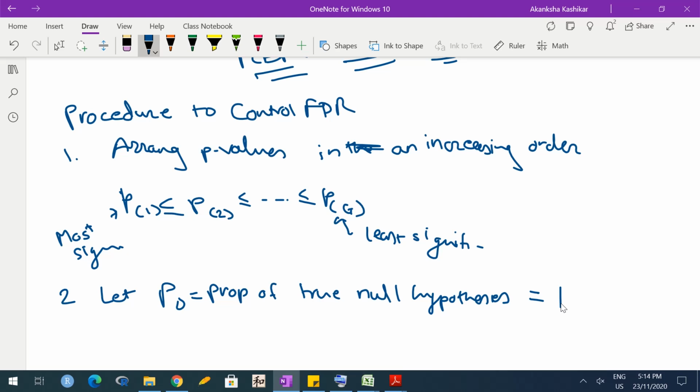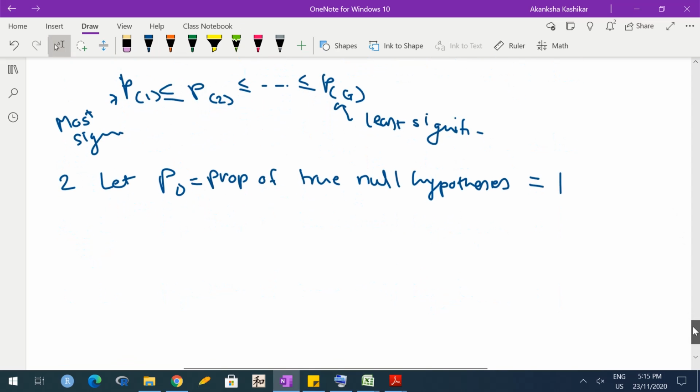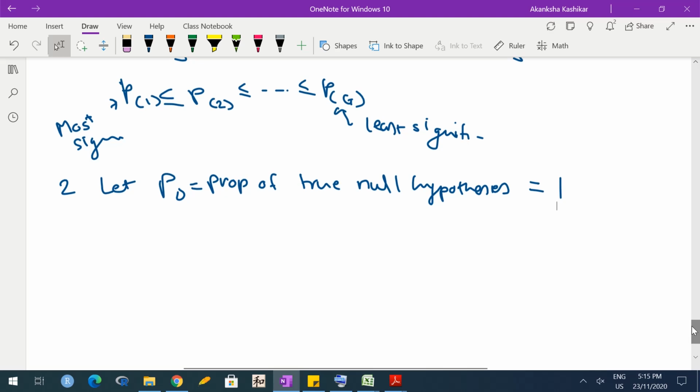Why is this conservative? Because this is like the worst possible scenario. If all the null hypotheses are true, then whatever we are rejecting is always false. So we work with this. If we can say that even with this FDR is under 5%, then of course if some of the null hypotheses are false, then FDR is further less.